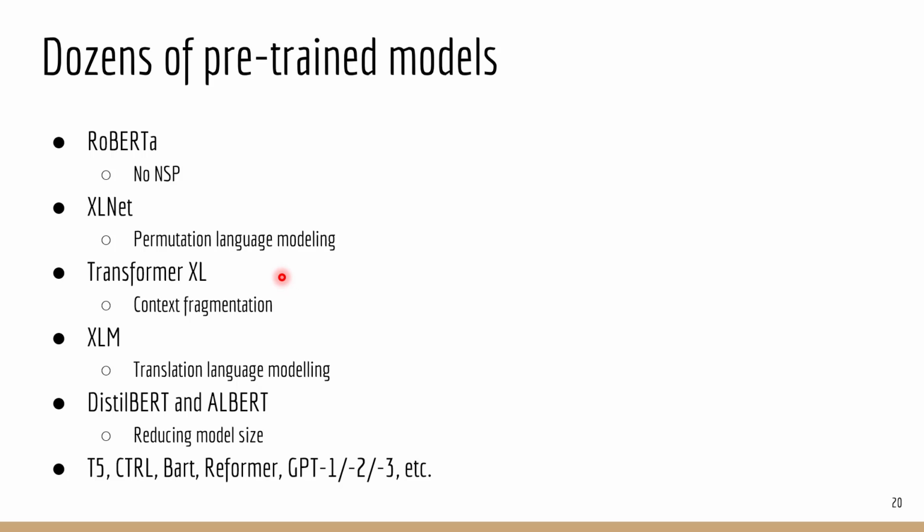Another limitation of BERT is that it suffers from something called context fragmentation. That's because the inputs are usually fixed in size and they do not take into account sentence boundary or other semantic criteria. Therefore, the model cannot learn long-term dependencies between different pieces of input and across different input texts.